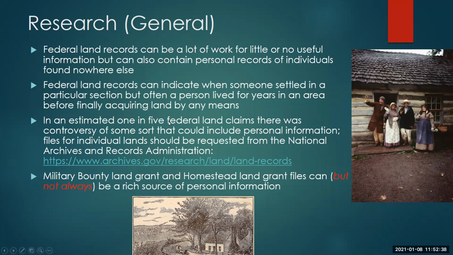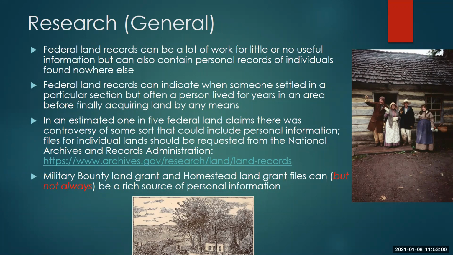All right, federal land records can indicate when someone settled in a particular section. However, don't be fooled by that. It's quite possible somebody lived on land for many years before they finally got around to getting a land grant or a patent on it. As they say, this could have gone on for many years.